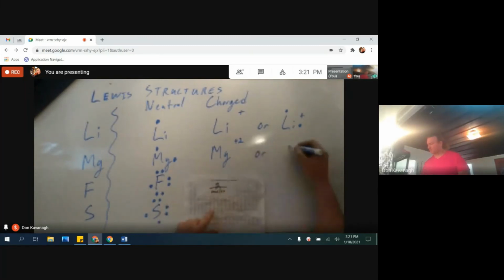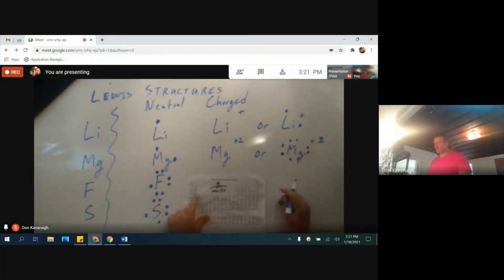So you may see it drawn like this, where the magnesium atom has lost these 2 outer electrons and exposes those inner 8 right there. Both of these are good pictures. This is the one you'll see most likely.